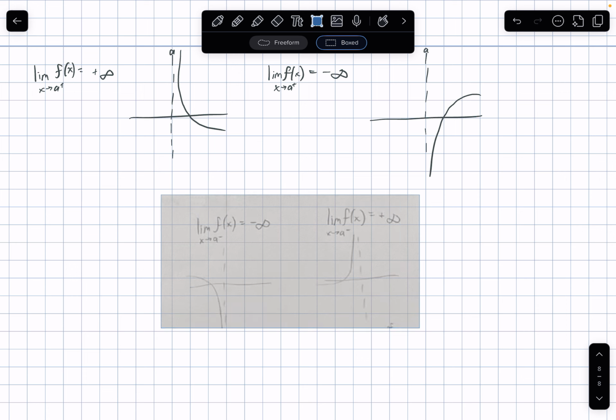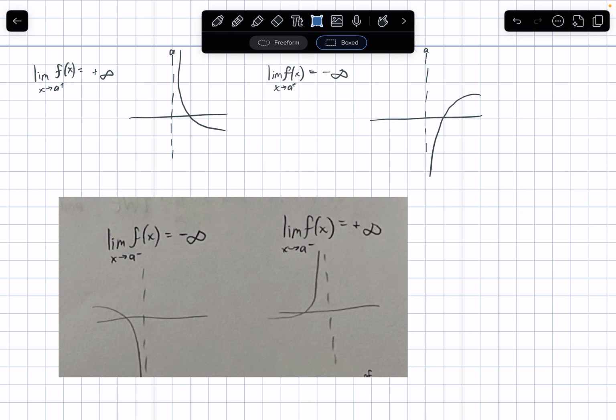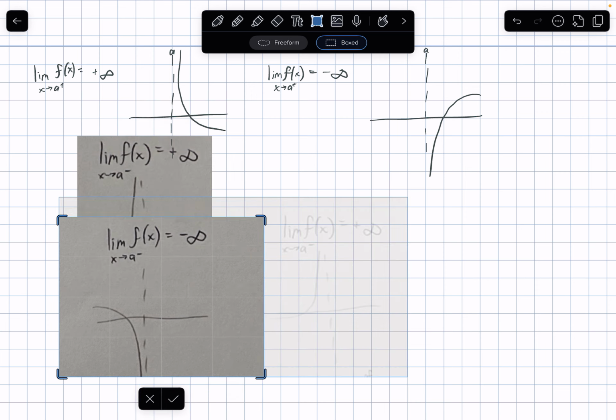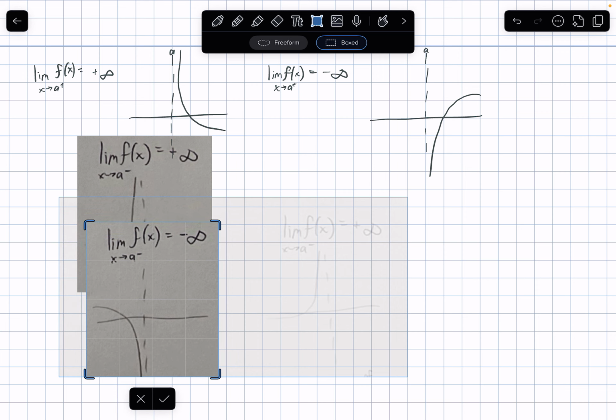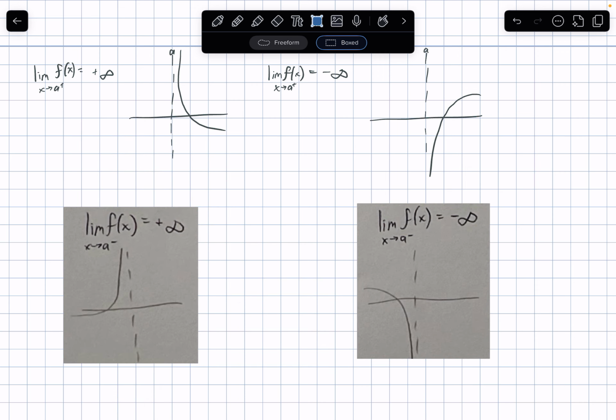So, compare. Actually, I think it's less confusing if I orient it like this. As you can see, both are positive infinity, but what's the difference? Coming from the left side, obviously we come from the left.